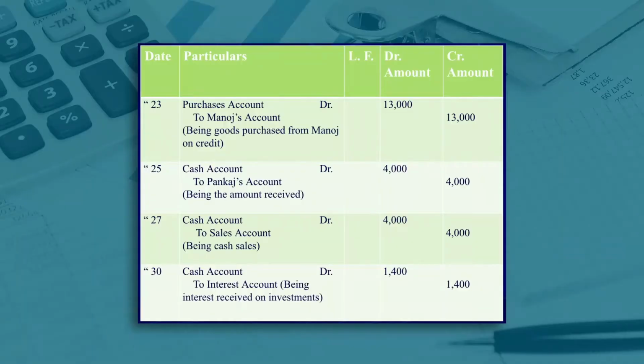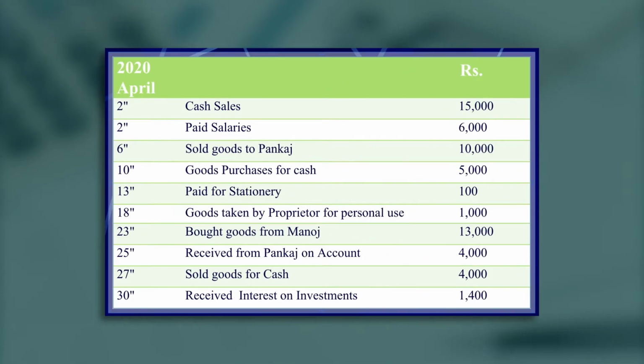As per the rule of the nominal account, credit all revenues and gains, therefore we credited the sales account. So the journal entry would be cash account debit to sales 4,000 rupees.